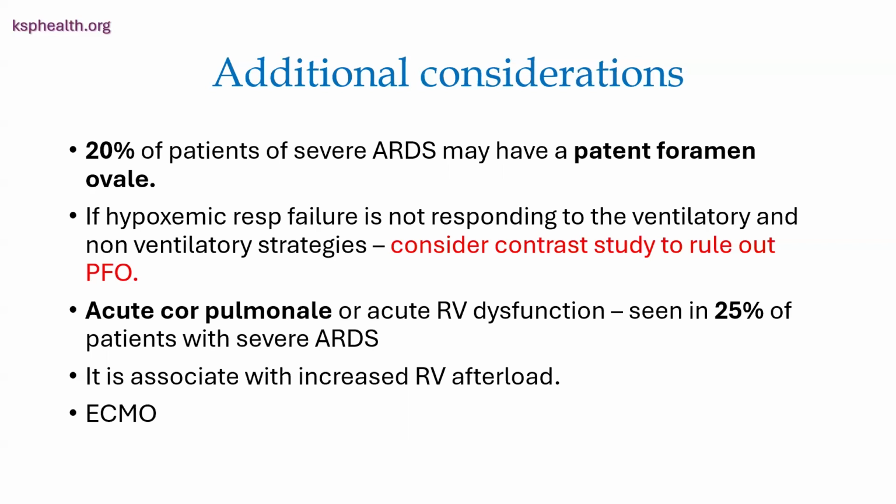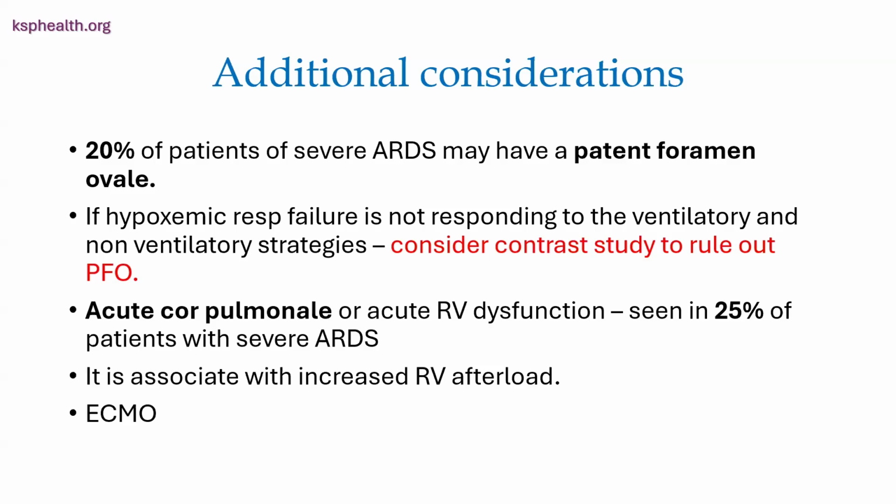The additional considerations. You have done all lung protective strategies, optimal PEEP, optimal driving pressure, and so forth. Still, the patient is hypoxemic. 20% of severe ARDS patients have a patent foramen ovale. So consider a contrast study to rule out persistent PFO. Another important thing is acute cor pulmonale associated with severe ARDS, seen in 25% of severe ARDS.